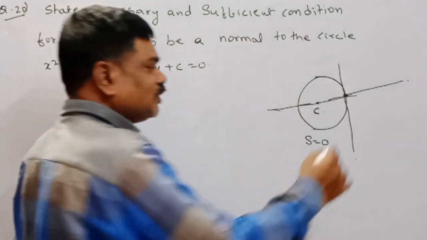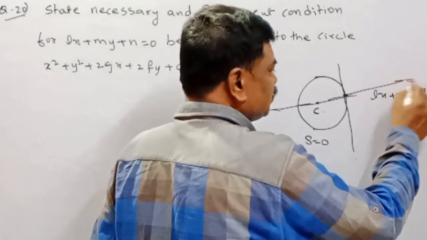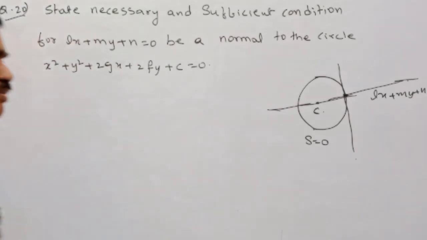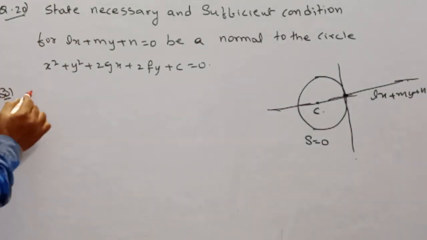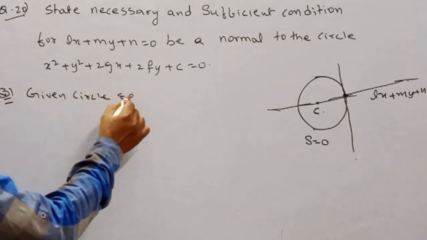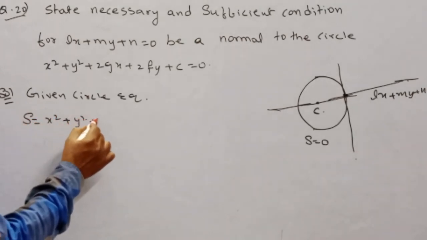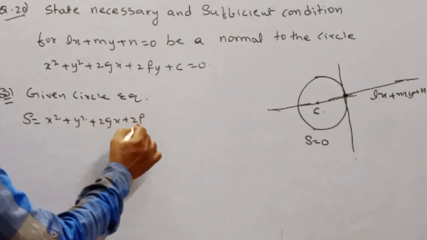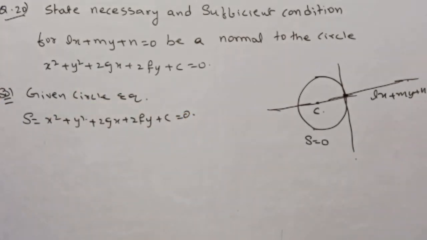So here the given normal Lx + My + n = 0 passes through the center of the circle. Here you write the given circle equation, S = x² + y² + 2gx + 2fy + c = 0.